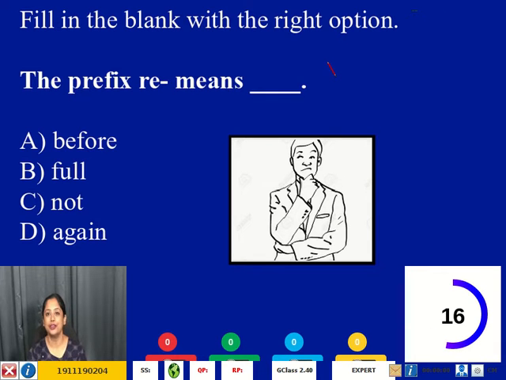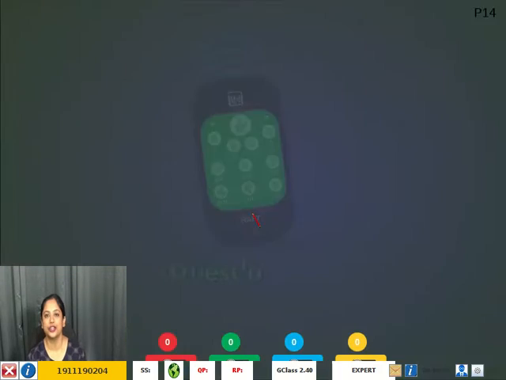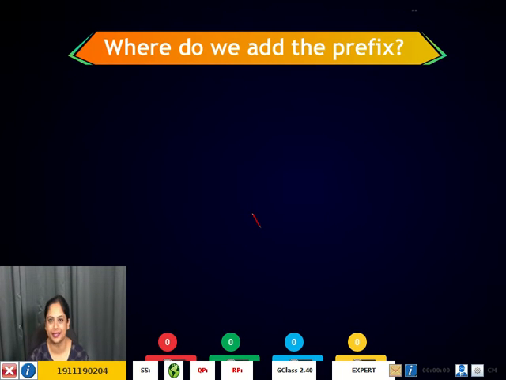Remember, rebuild, refill, what does it mean? And your time is up. The right answer is option D. Again, the prefix re means doing something again, redoing something.